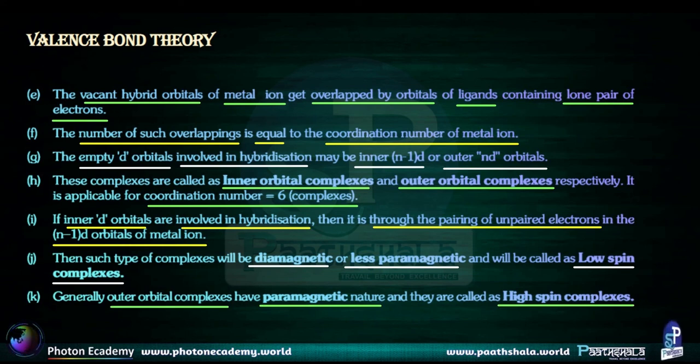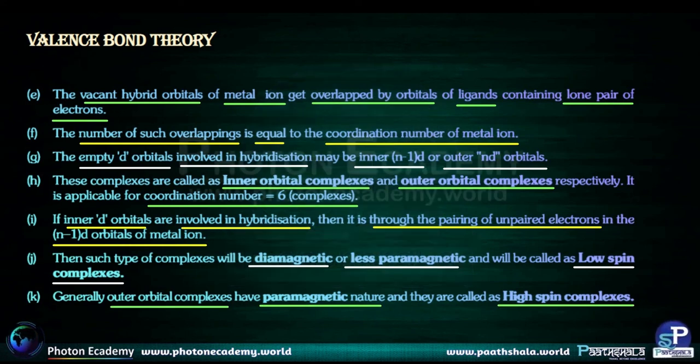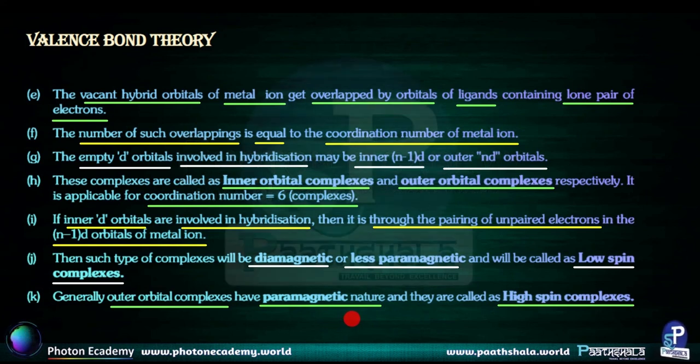The complexes that are formed due to the nd orbitals involved in hybridization are called outer orbital complexes. Now the reason why most of them are also paramagnetic in nature is that they end up having one or more unpaired electrons, and when there are unpaired electrons, that leads to paramagnetic nature.